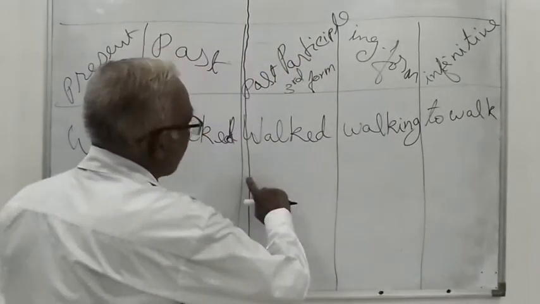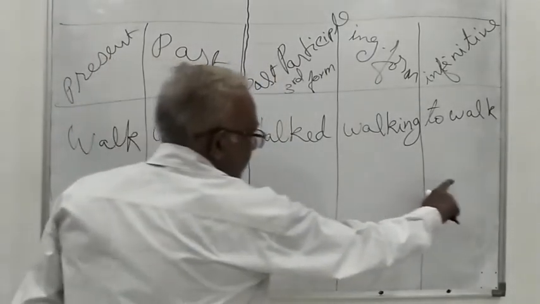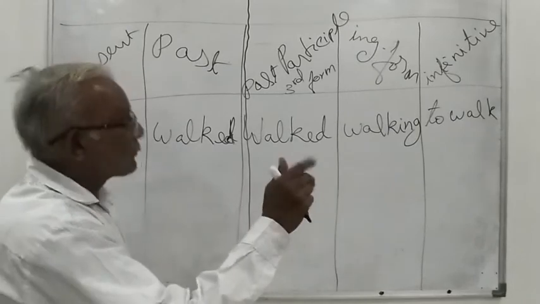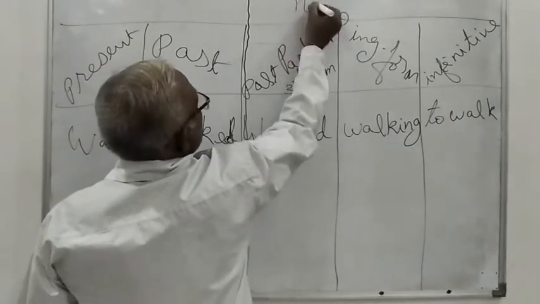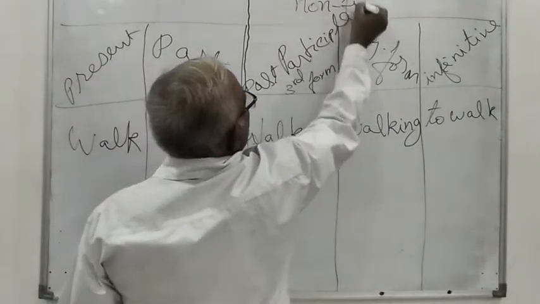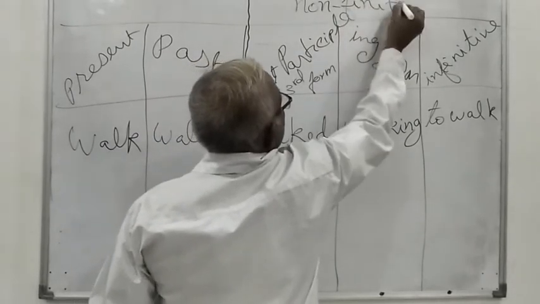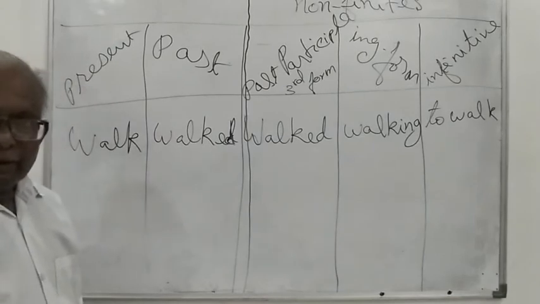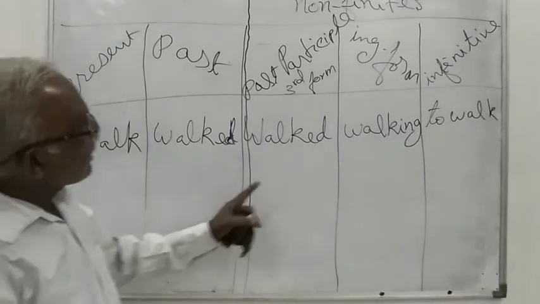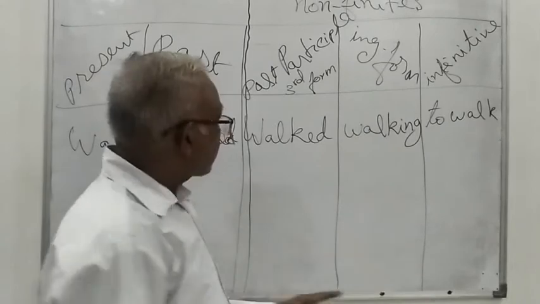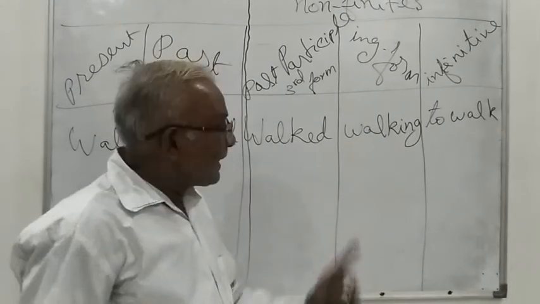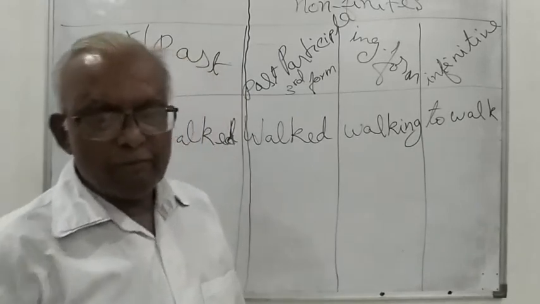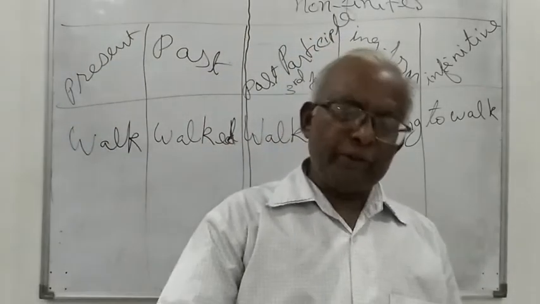And therefore, these 3 this side are called non-finites. In your grammar books, you must have learned about them as participle, gerund, and infinitive.